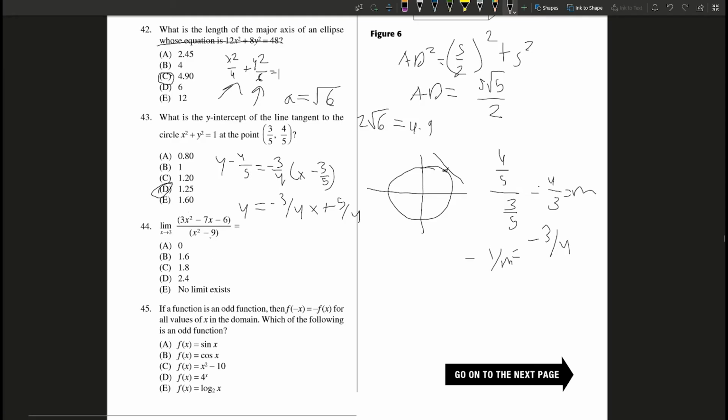So number 44 asks, what is the limit of this equation as x approaches 3? Right off the bat, what we want to do is just factor this. So that's going to be 3x plus 2 times x minus 3 over x minus 3 times x plus 3.